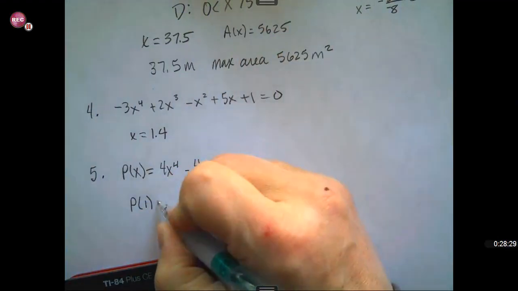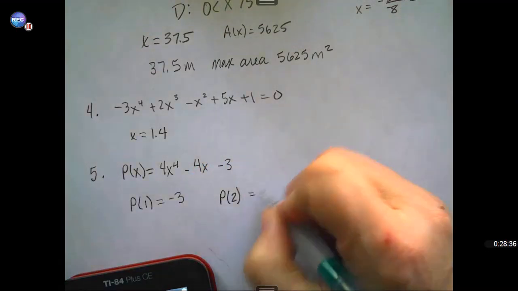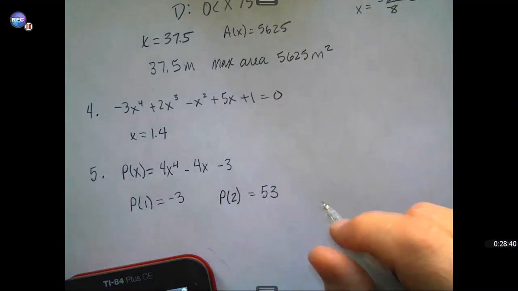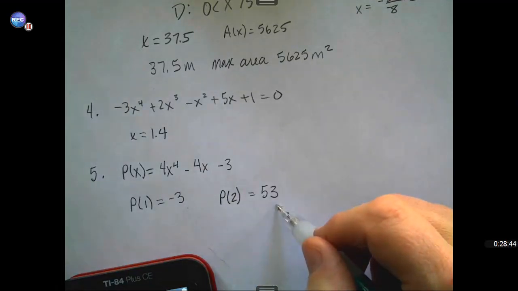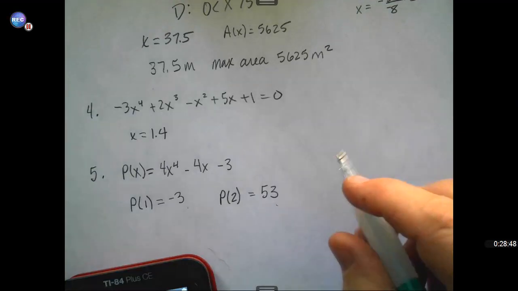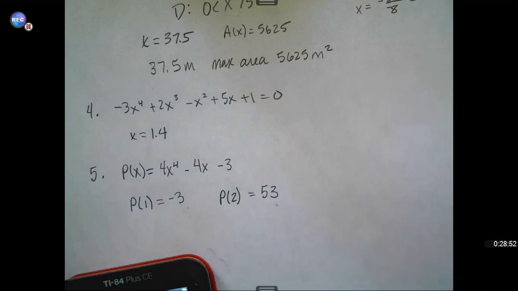So p of 1 equals negative 3, and I'm going to plug in 2, and p of 2 is 53. So since p of 1 is negative and p of 2 is positive, I have to have crossed the x-axis. And if I cross the x-axis, then there's a root in between there. There's a 0, there's an x-intercept, a root, whatever you want to call it.